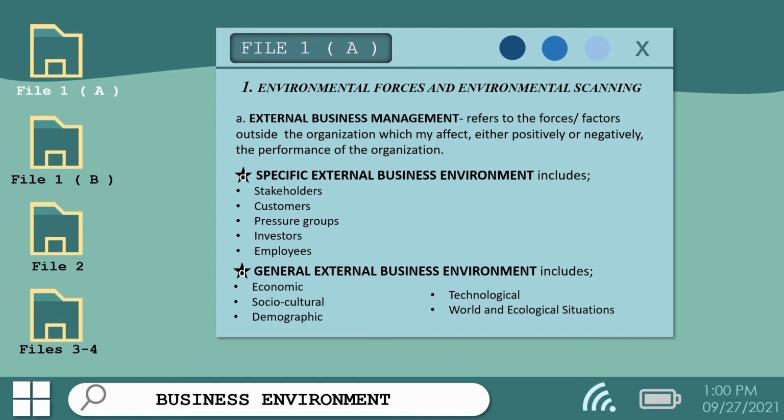Fourth is demographic. It is an uncontrollable factor in the business environment and extremely important to managers. Demography is the study of people's vital statistics such as their age, gender, race, and ethnicity, and also location.